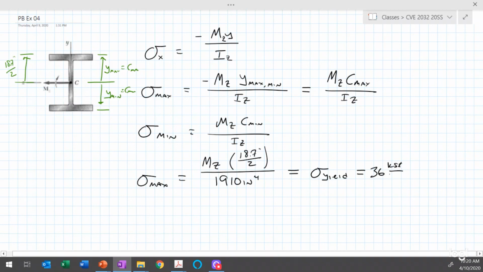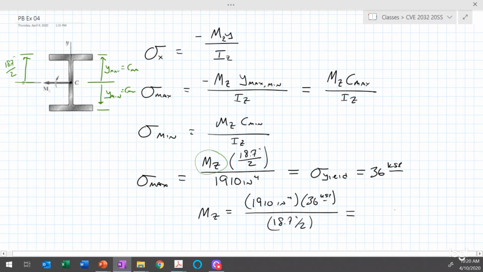So what we can do now is solve for M sub z, and that'll be the moment that'll cause yielding. So we could say that M sub z is equal to 1910 inches to the fourth times 36 ksi divided by c, which is 18.7 inches divided by 2.